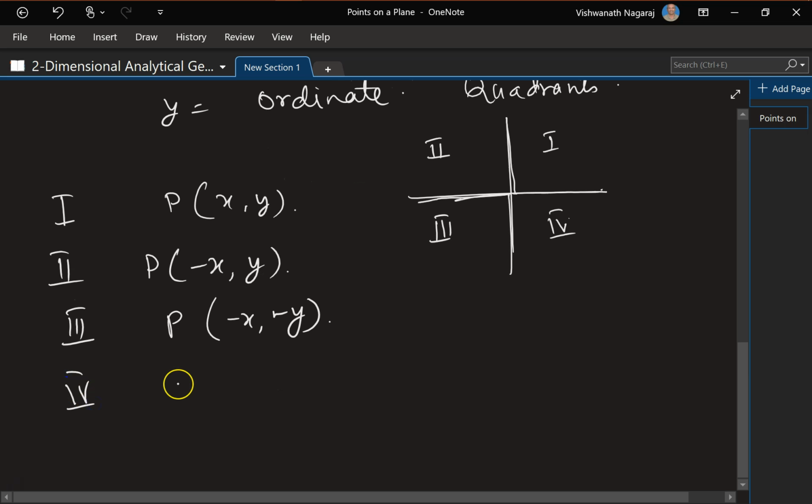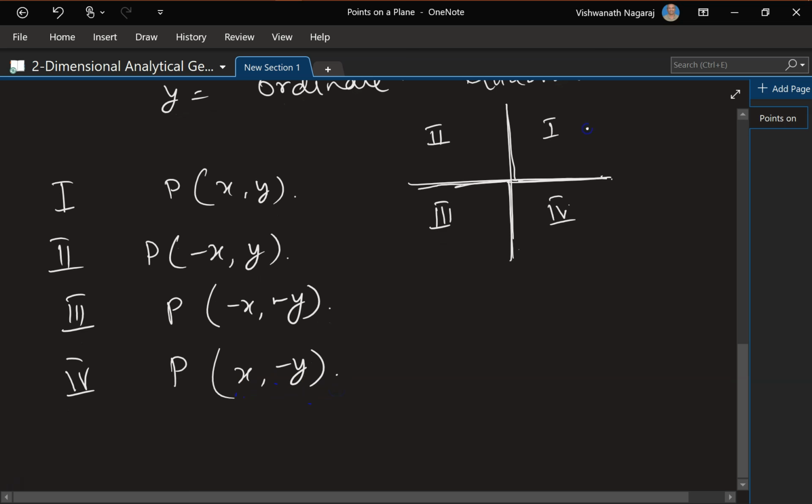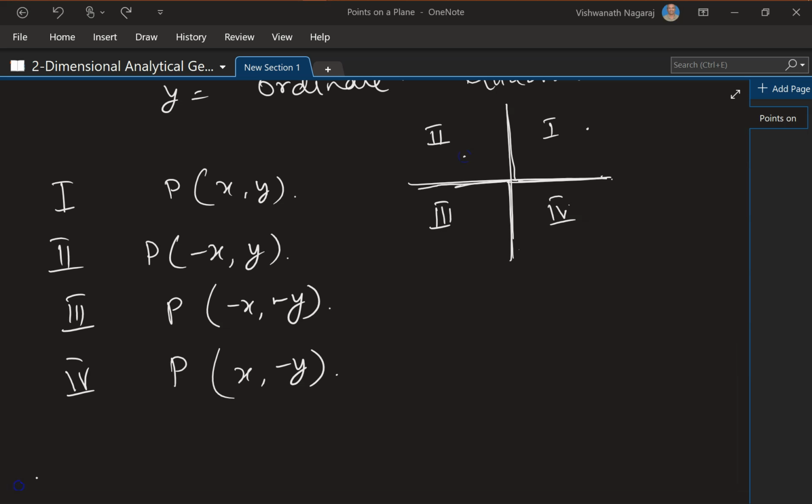And in the fourth quadrant, here what happens? x is positive and y is negative. So x comma minus y. So if a point is here, both its coordinates would be positive. Here it would be minus x and y.